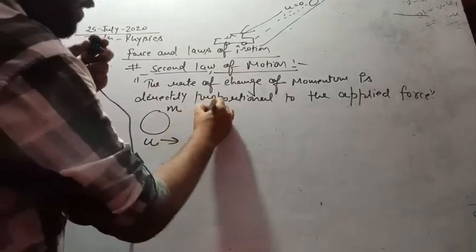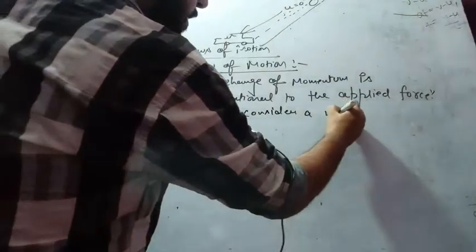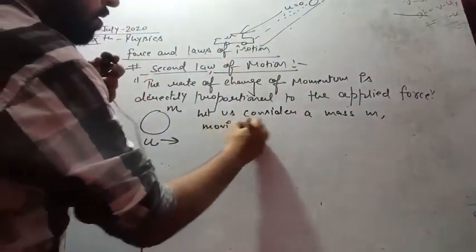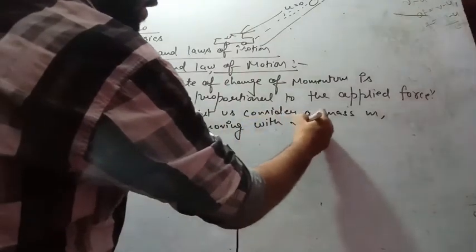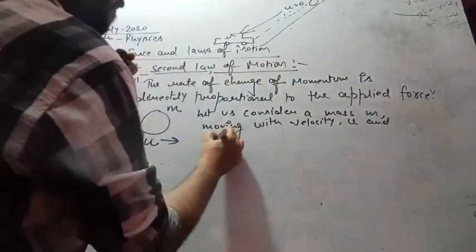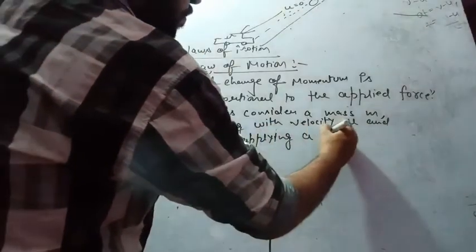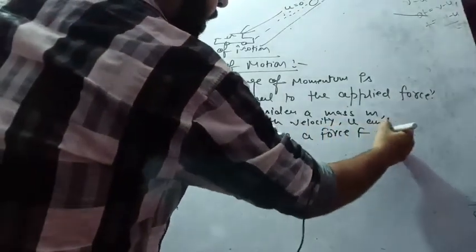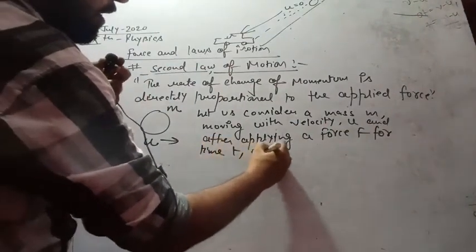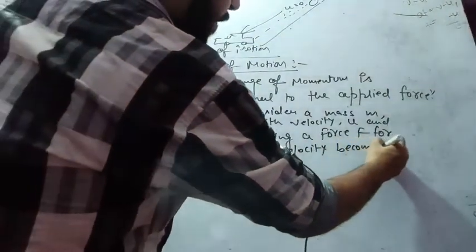So let us consider a mass m moving with velocity u, and after applying a force F for time t, its velocity becomes v.